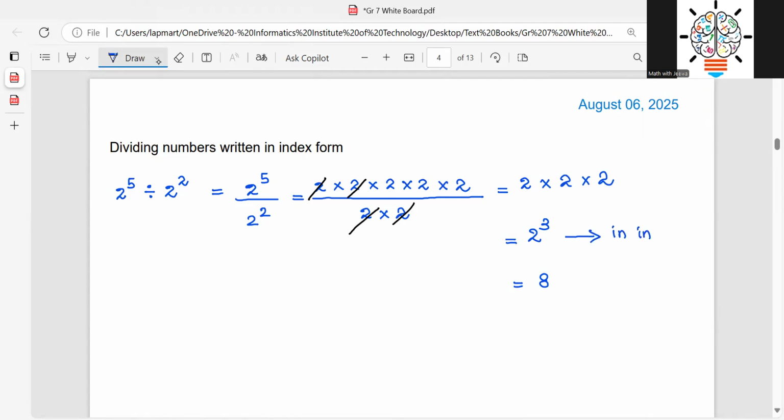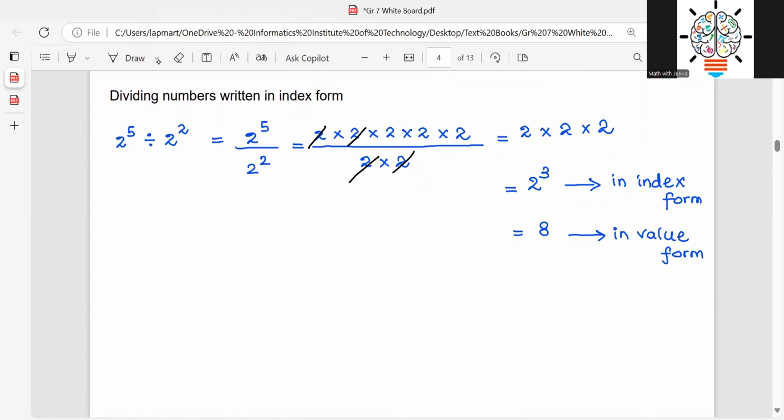If you can remember, yesterday we discussed these things. So this is the answer in index form. And this is the answer in value form, right? Now you just imagine, like in the multiplication, we don't want to do this much, taking the expanded version and cancelling out the numerator and the denominator values to get the final answer.